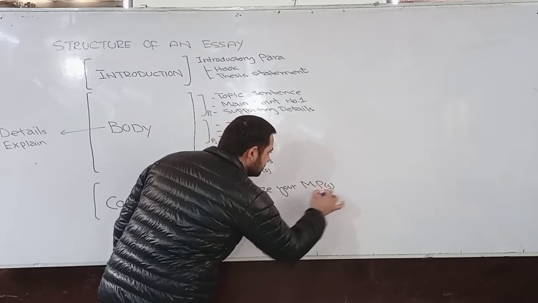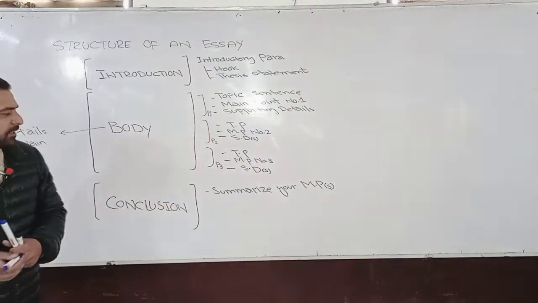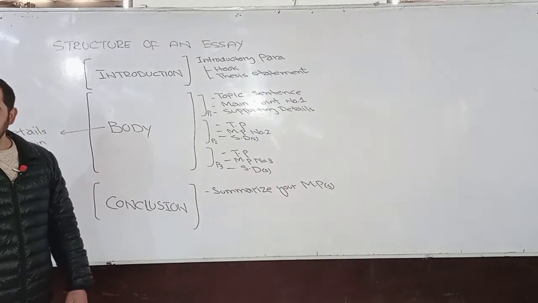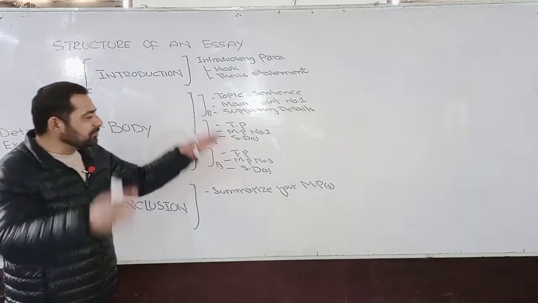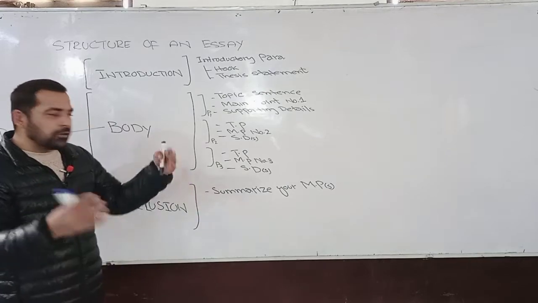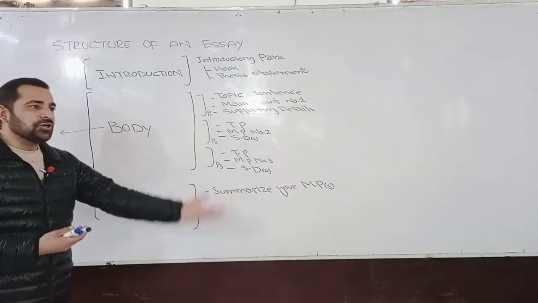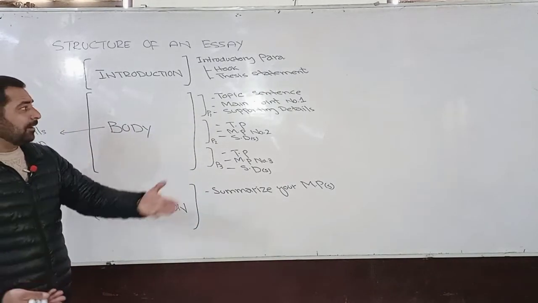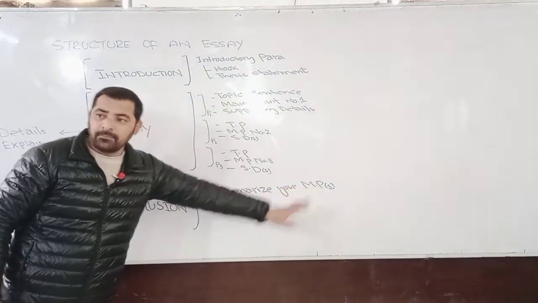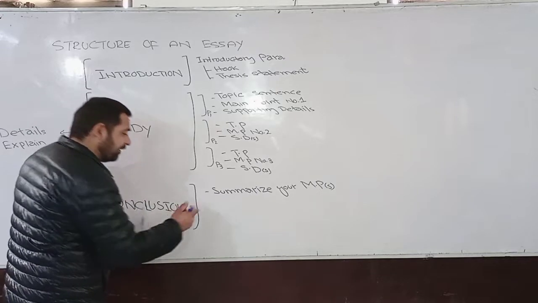It means that in the conclusion, of course, you are going to give a signal to your reader that you are going to summarize. You are moving towards conclusion. So you are going to conclude what you have been talking about, what you have been writing about. So you are going to summarize your main points, and summary is required.